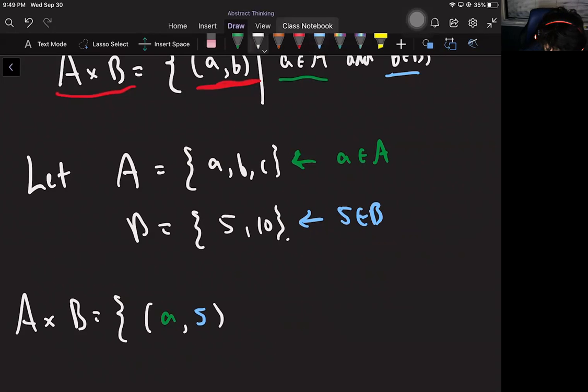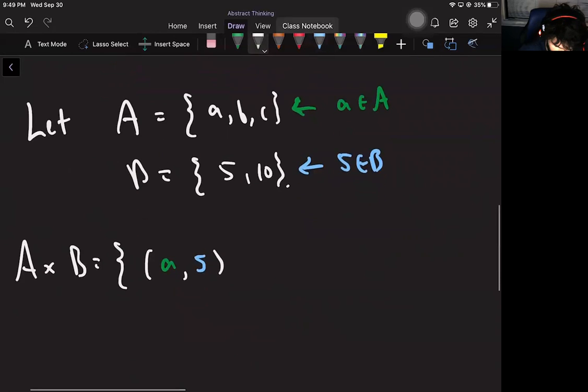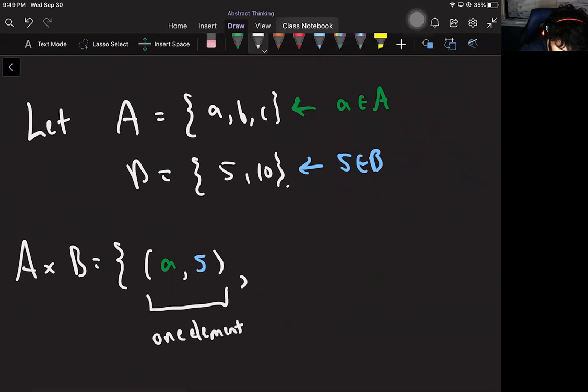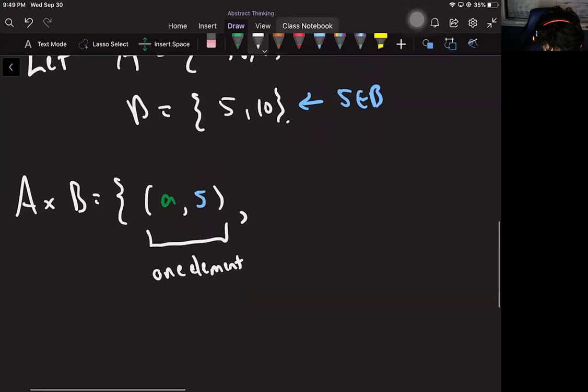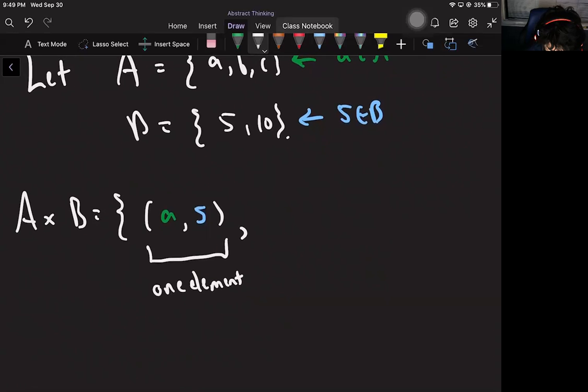So we're listing elements, so that means we put commas between the elements. It's a bit weird because this whole thing is just one element of the set. Whereas before, we were writing an element, comma, another element, comma, another element, and each element was always just one thing.